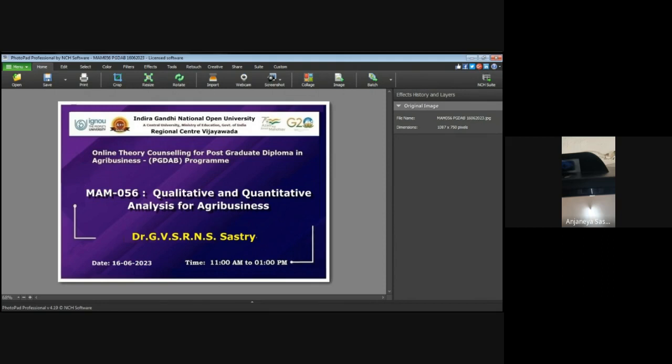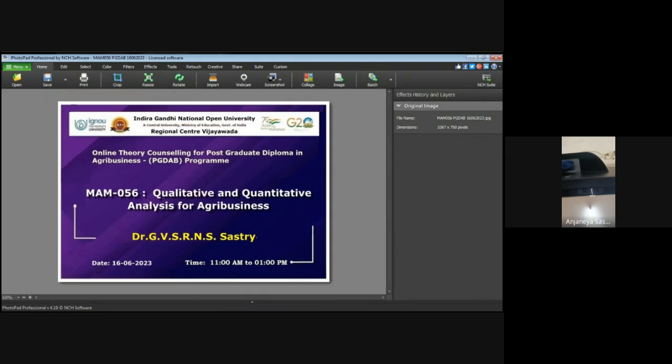The second one is the telephone and mobile survey. The questionnaire is sent by the researcher to the related groups, and he can get the answers. Then he can survey it and research it.